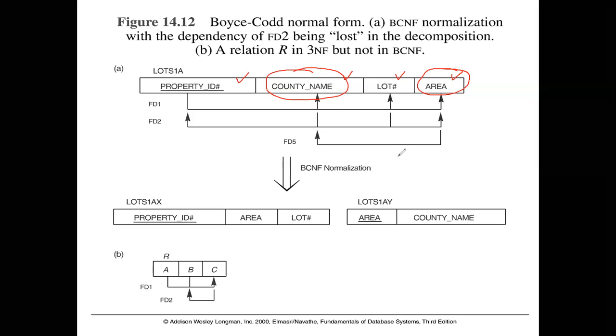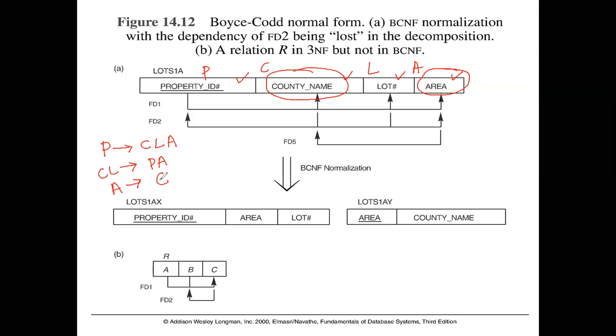If we write the short forms for this, P, C, L, A, then the dependencies that we can make out are P is determining C, L and A, CL is determining PA, and A is determining C.